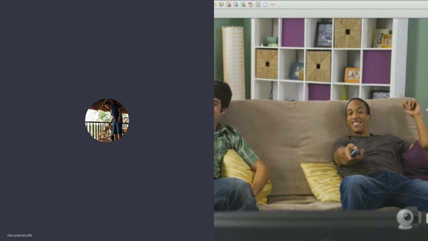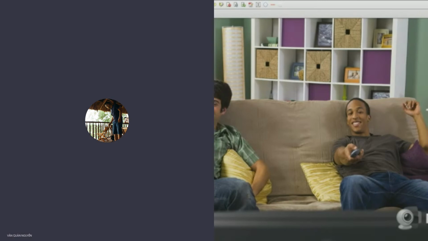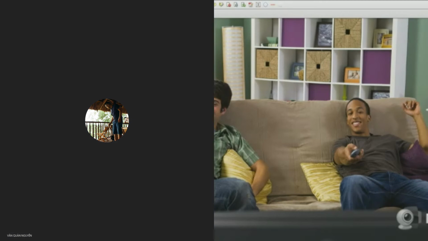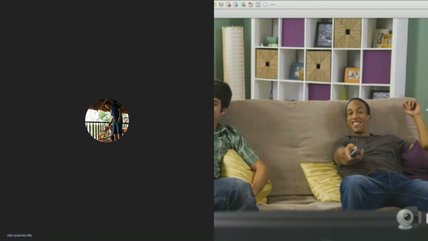She's not high, but she can throw the ball very well. Oh, she can shoot the ball very well. Yes.